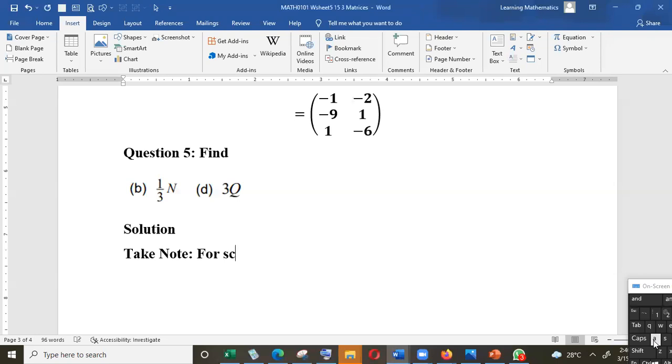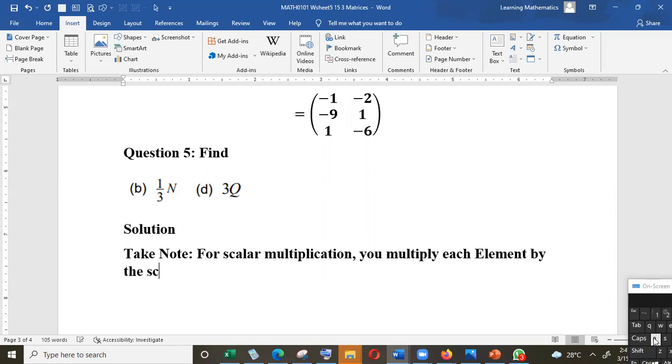For scalar multiplication, you multiply each element by the scalar value that's outside of the matrix.